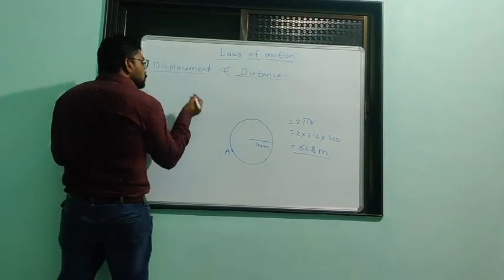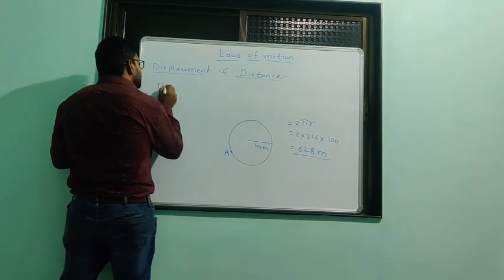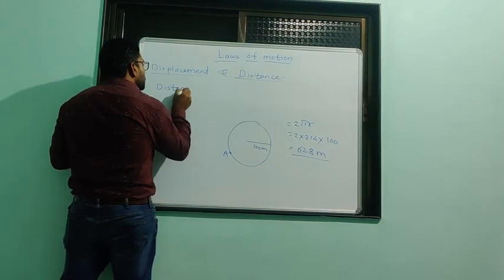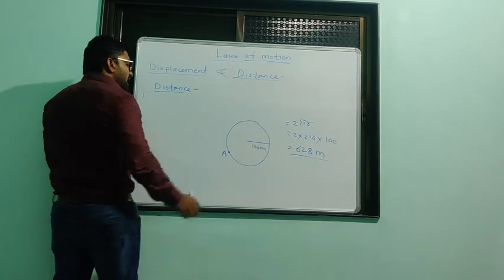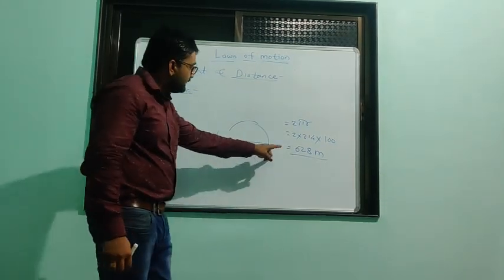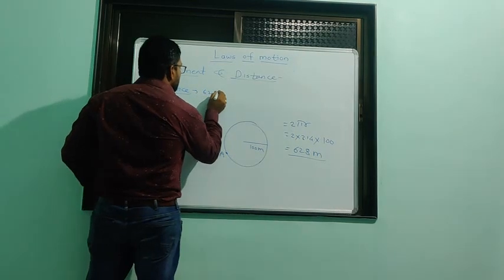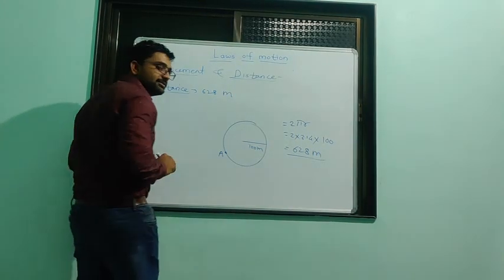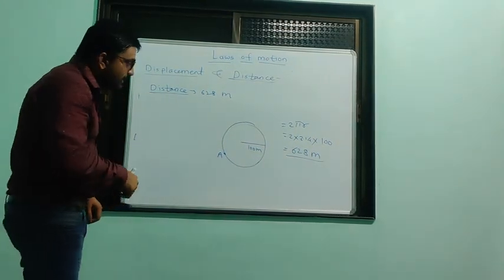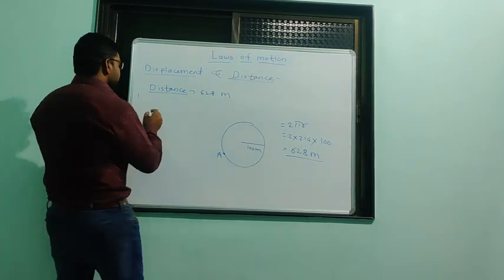That means in one round we will cover a distance of 628 meter. So the distance is the actual path covered, that is 628 meter. And what about its displacement?